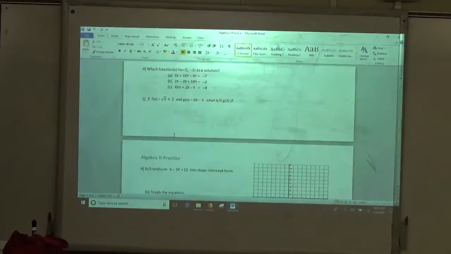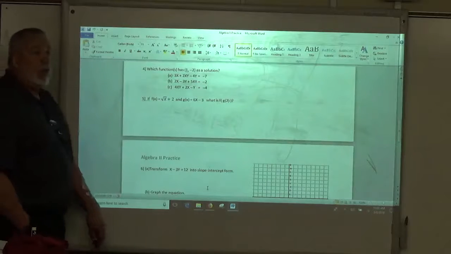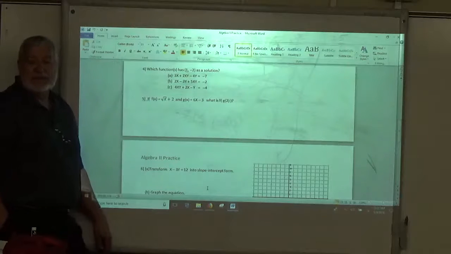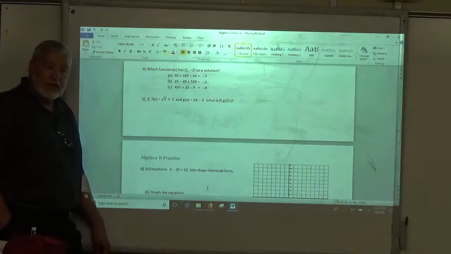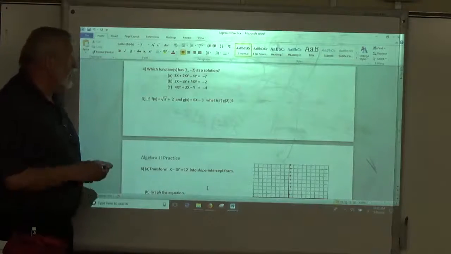All right, here is my representation for substitution. Which function or functions has 1, -2 as a solution? Okay, now this is calculator work, so get your calculator out and tell me what you put in your calculator.